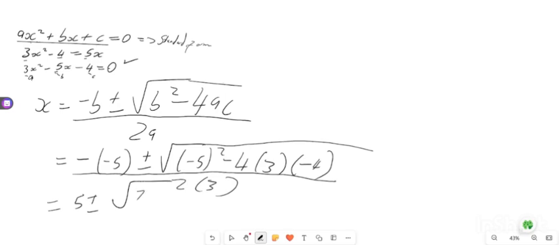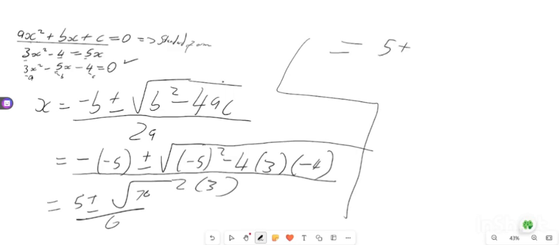This and this equals, then we use the calculator. I think it's 73. I'm not sure if it's 73 or what. Divide by 6. Let me verify this. Minus 5 squared minus 4 times 3 times minus 4. Oh yeah, I said 73, I wrote 76.